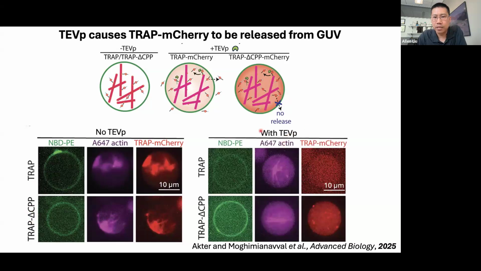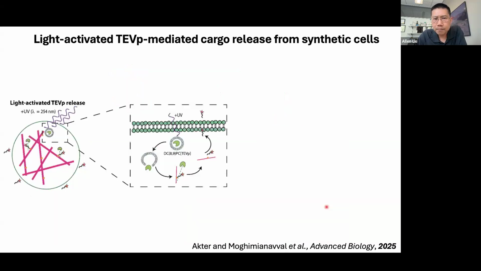However, if TEV protease is included, the actin is still there, but we see very low signal of the mCherry, suggesting that it gets cleaved off the actin filaments and is able to leave the synthetic cells. If you don't have the CPP, we see more diffuse mCherry signal as the TRAP cargo cannot escape out of the GUVs.